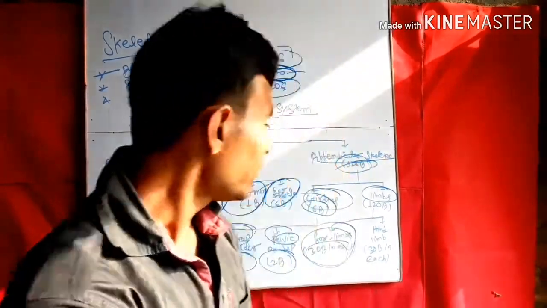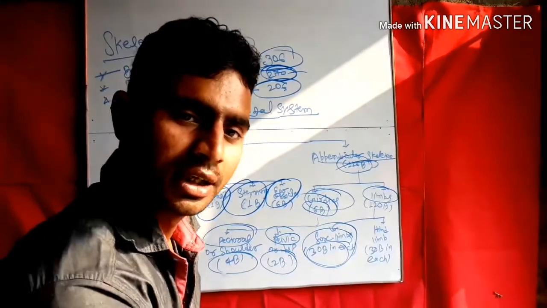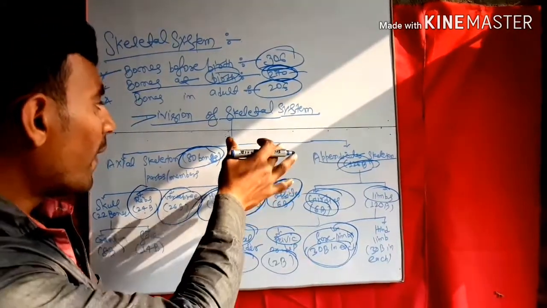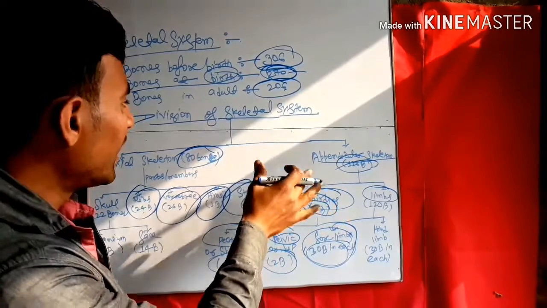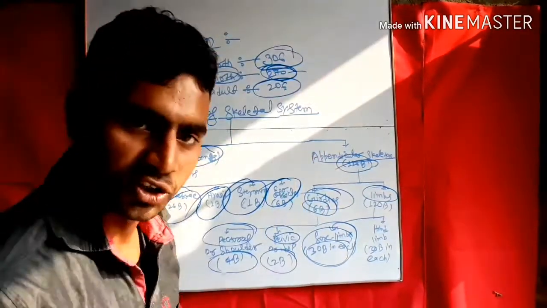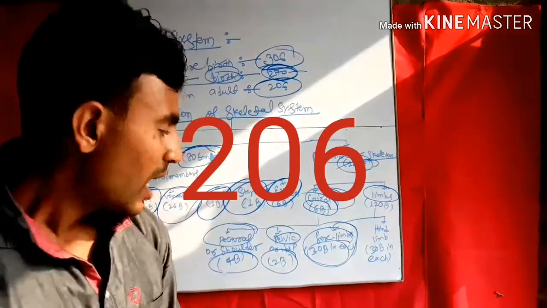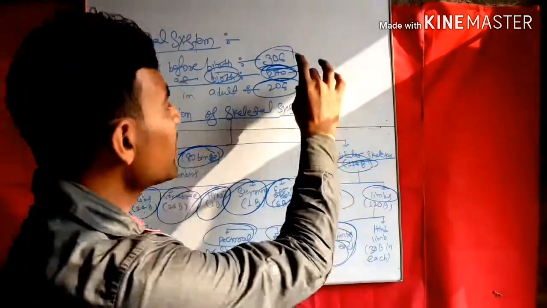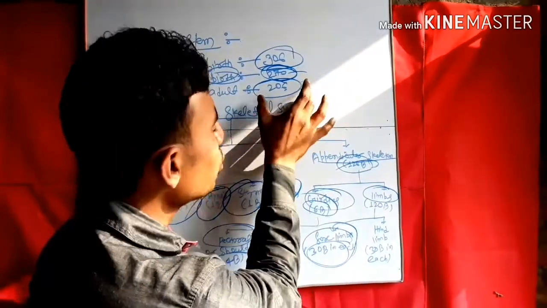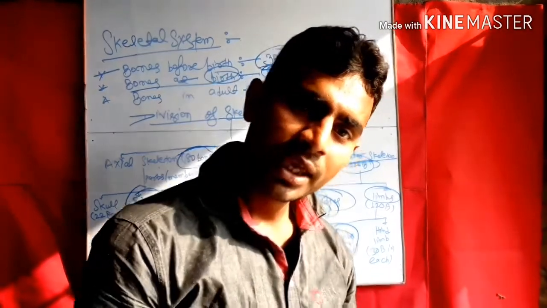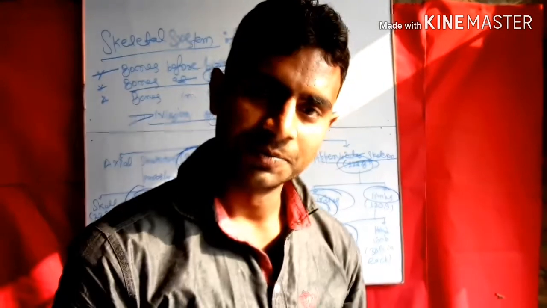Okay, so this is the complete number of bones, that is 206. And how this decreases and comes to 206 bones in the adult, we will tell you according to classes.